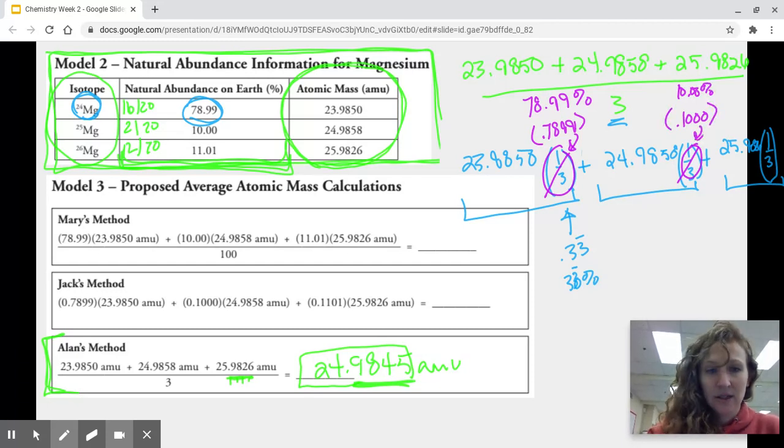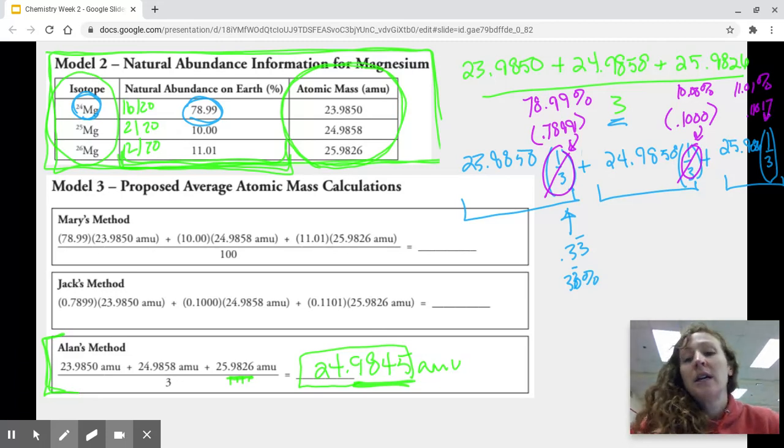And this is going to be the 11.01%, so 0.1101 goes there. Okay, so I'm going to do the average again, but I am going to use the percent abundances instead of using an equal percent for all three. And I'm going to calculate an answer. Let's see what I get.